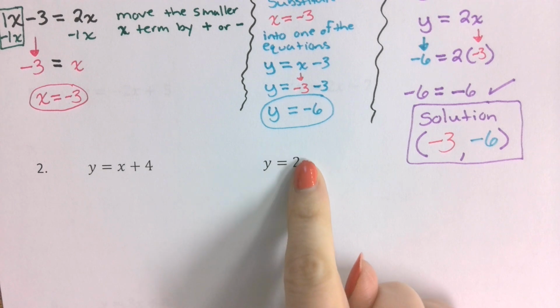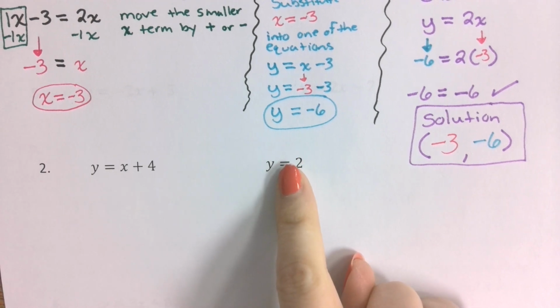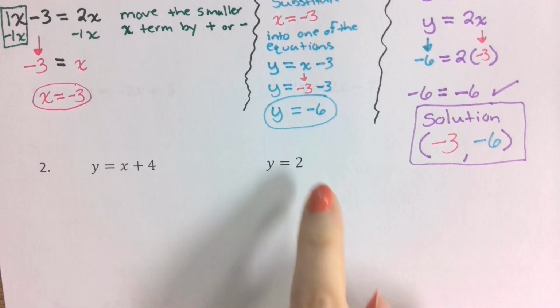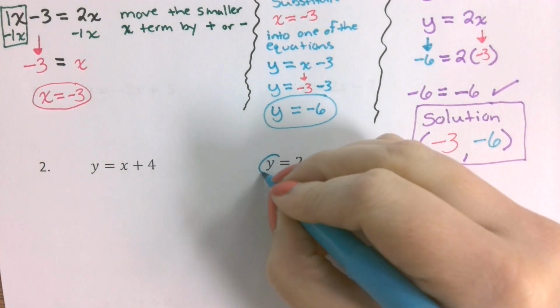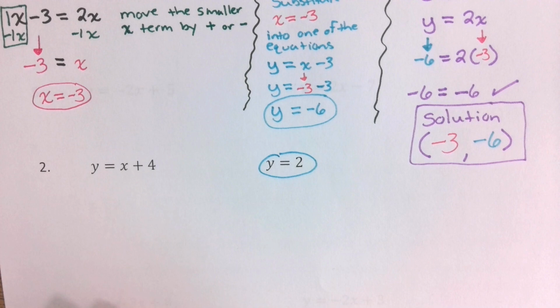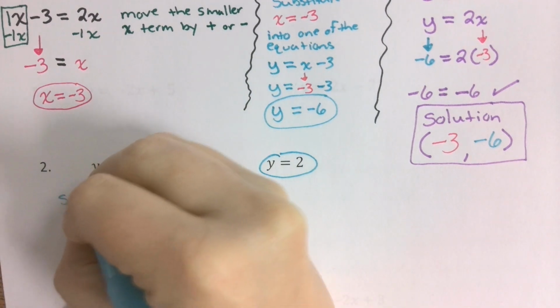Y is equal to 2. We don't have to solve for y because we're already told what y is equal to. So this is a simpler problem. We can just take that value of y and substitute it in for x, and then we're done. We'll have our solution. So we're going to take this value of y, and we're going to substitute it.